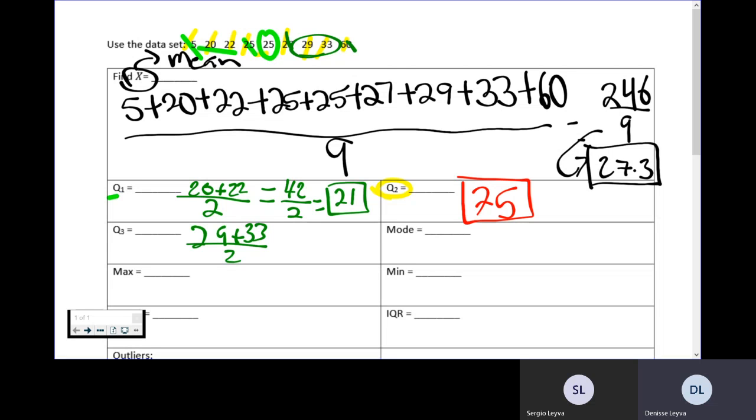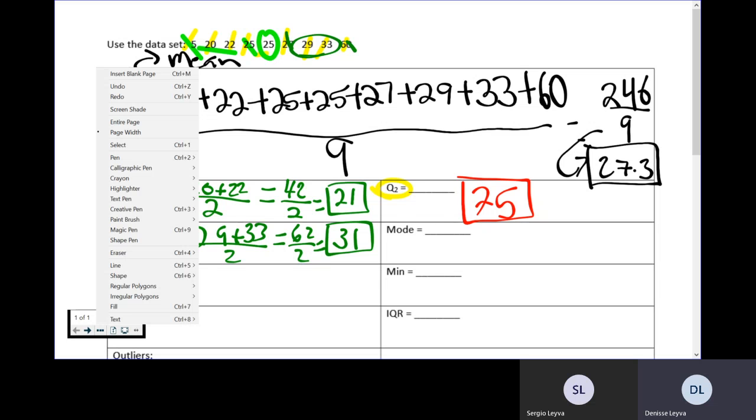I can get my calculator if needed. 29 plus 33 gives me 62. I divide that by 2, and that gives me 31. So 31 is my Q3. That's how you find Q1, Q2, and Q3.